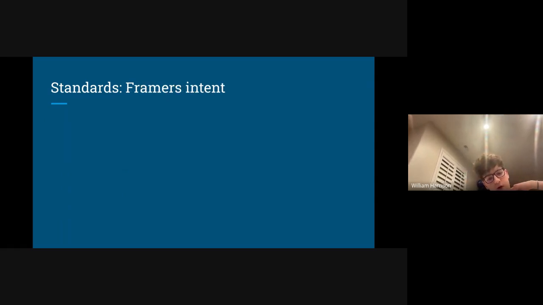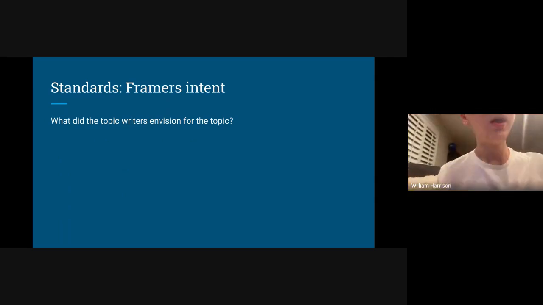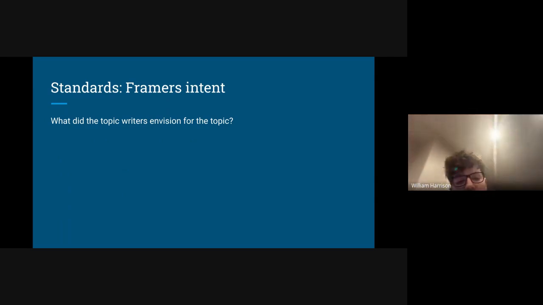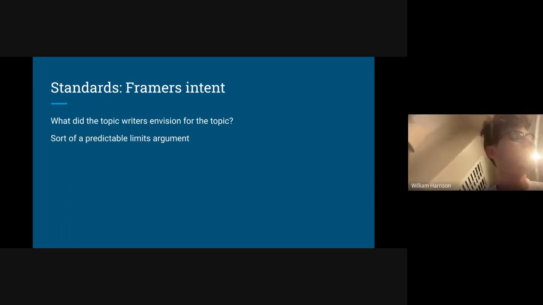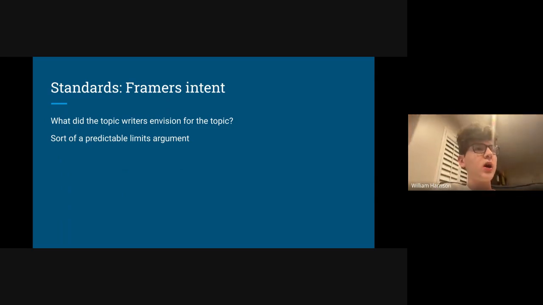Framers' intent is kind of stupid. It's what did the topic writers envision for the topic? This is sort of an internal link to predictability, because if the framers wrote the topic paper that the NSDA publishes, everyone can go see it. They can go see what kind of limits the framers were thinking of. And that makes those limits inherently somewhat predictable because they are in the NSDA's topic paper.